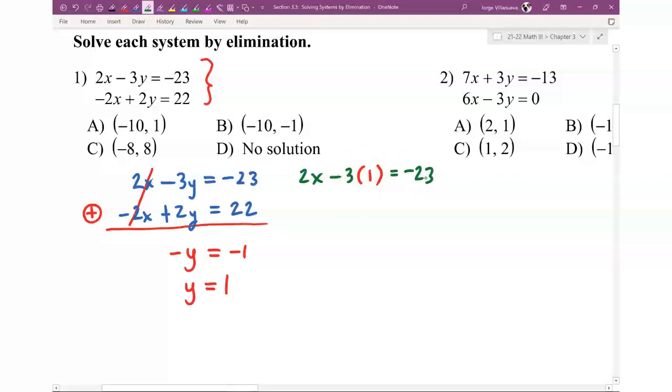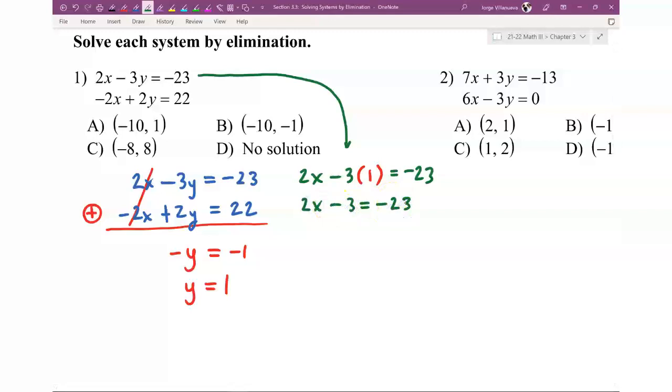Okay, I plugged it into the top equation. If you want, I'll even draw an arrow here so you can see that that's what I did. Now let's simplify. I get 2x minus 3 equals negative 23. So to solve for x, what do I do? For that one, 2x minus 3, what do I do on the left side? Add 3.